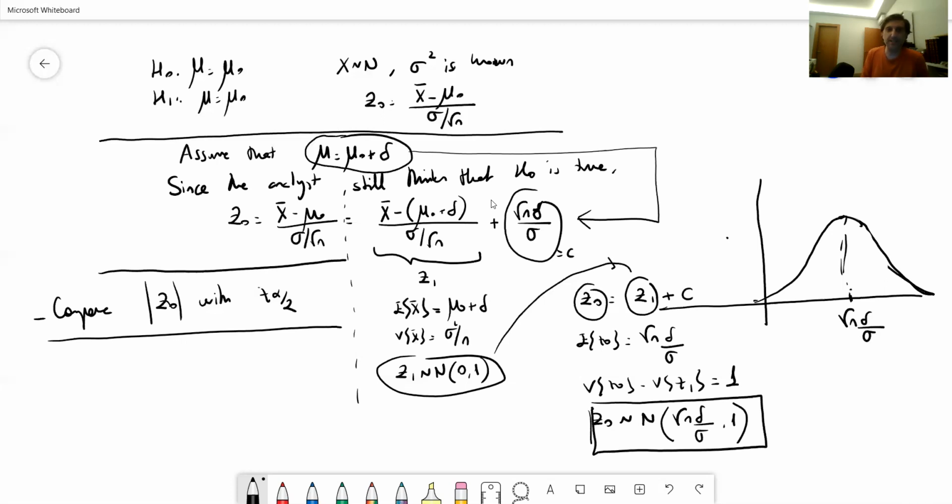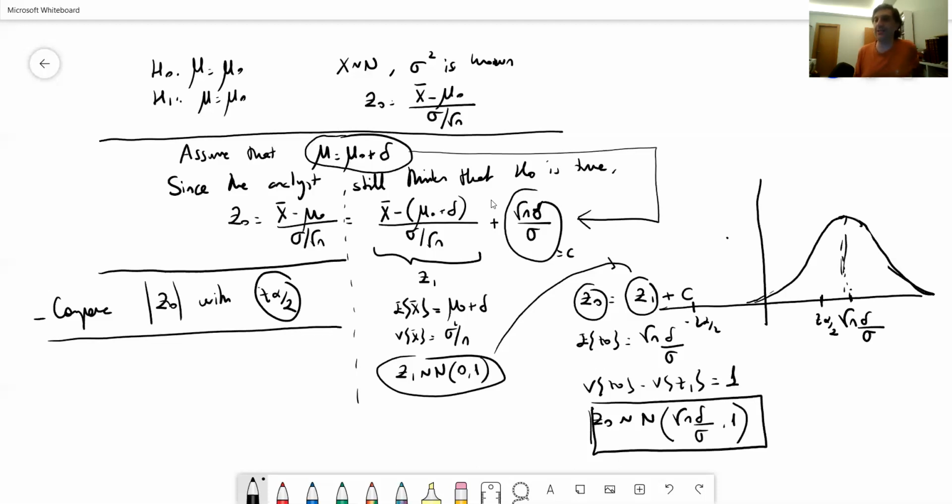And the comparison will be between minus and plus Z alpha over 2. Let's assume that Z alpha over 2 is here and minus Z alpha over 2 is here. Note that this Z alpha over 2 can be easily placed here. That's not going to change anything.